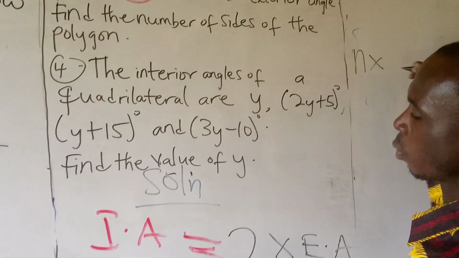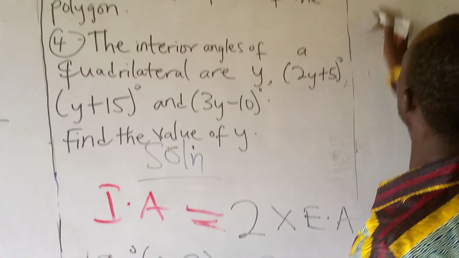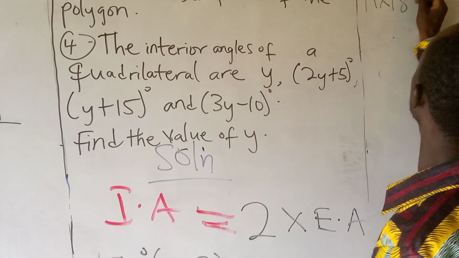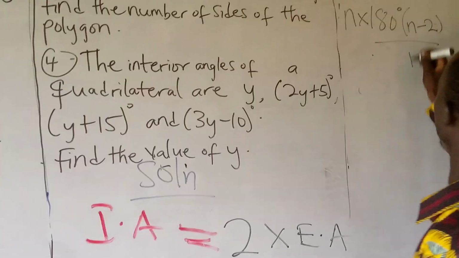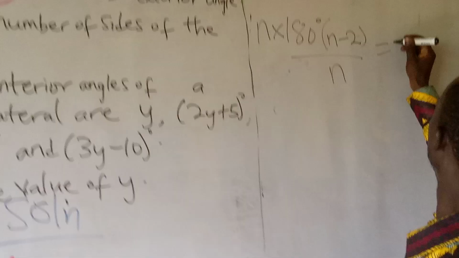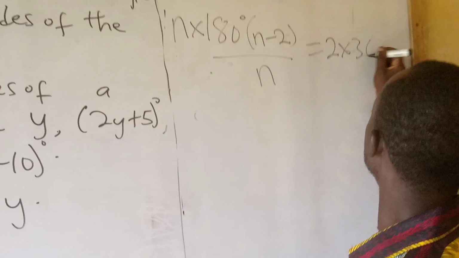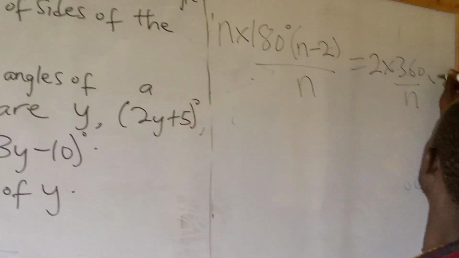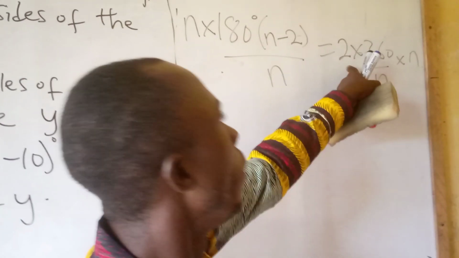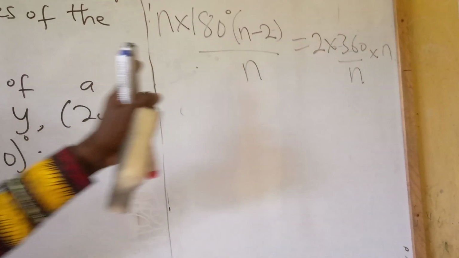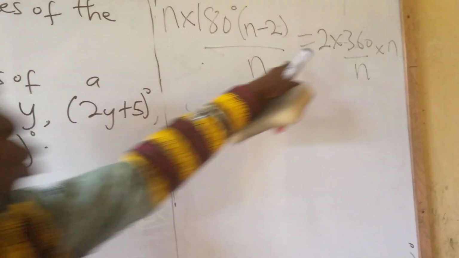So you multiply n by 180(n minus 2) over n, equal to 2 times 360 over n times n. There is no need to multiply this 2 by n. I know some people will multiply this 2 by n.